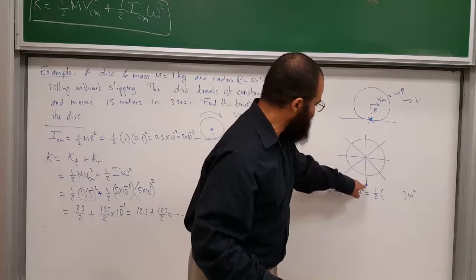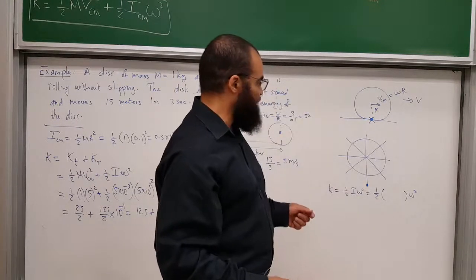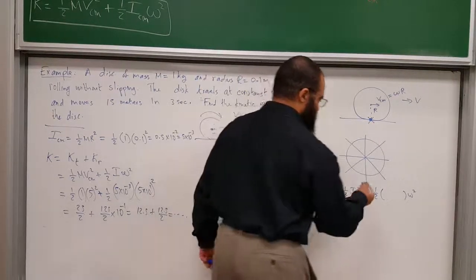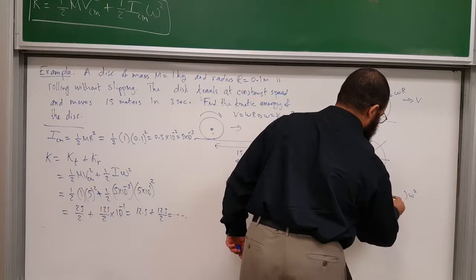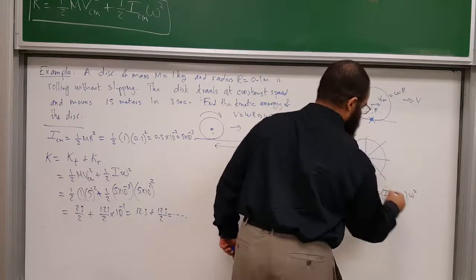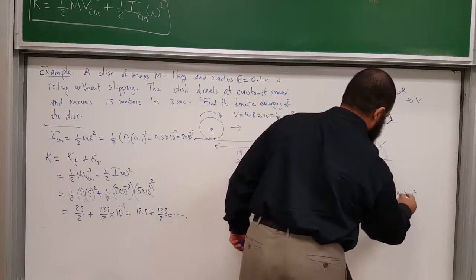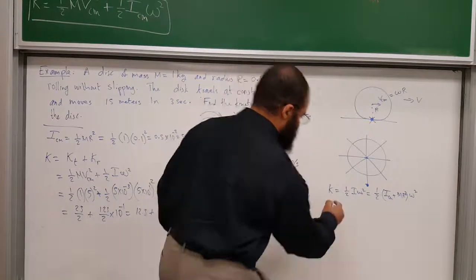It's spinning about this axis here that's at the end. But that's fine. We can use the parallel axis theorem to derive it. We say that the moment of inertia about this axis will equal the moment of inertia about the center of mass plus m r squared, the total mass times this r squared.